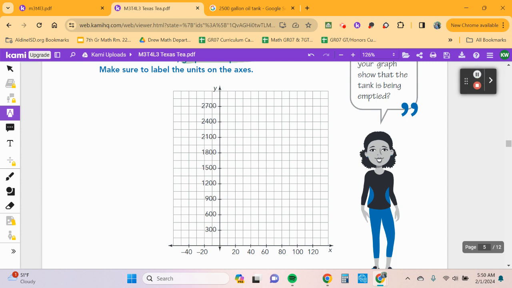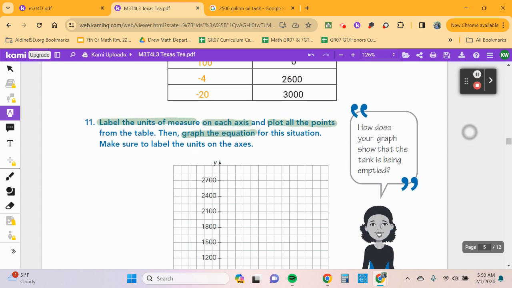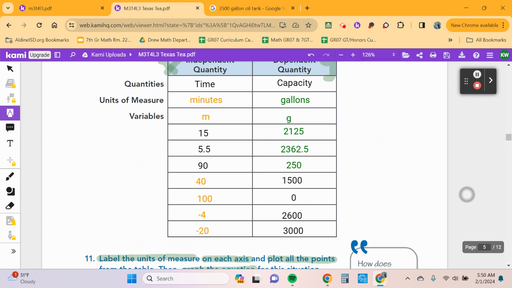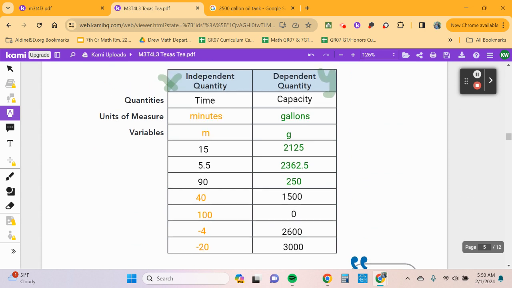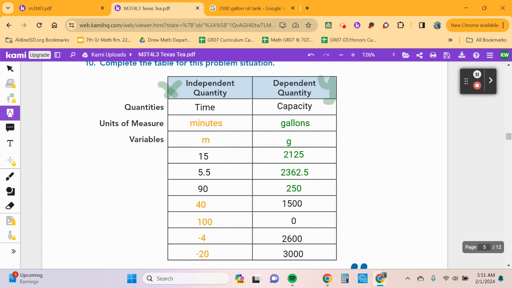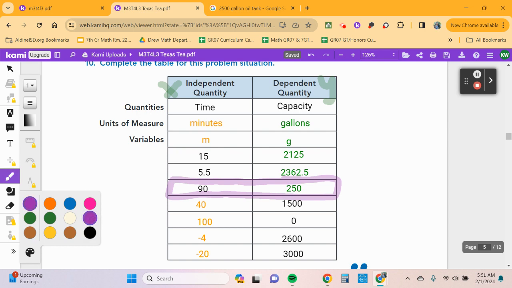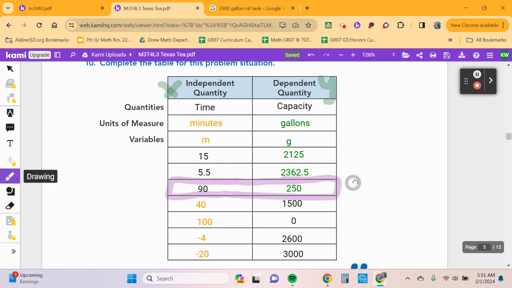And I'll even give you a head start. I'm going to choose one point to graph for you as an example. I'm going to choose this point right here, 90 to 50. To give you some context, this would be written as 90, comma, 250.